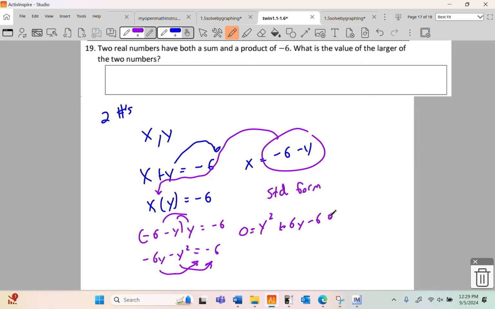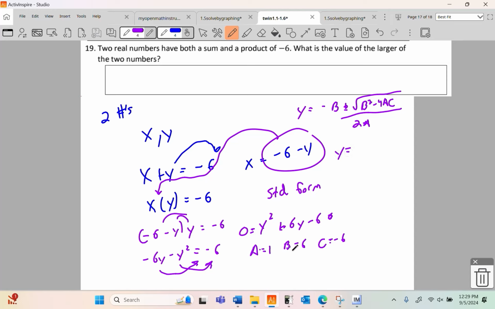but it does not. So normally we sing x equals, but this is going to be y equals negative b plus or minus square root b squared minus 4ac all over 2a. a is 1, b is 6, and c is negative 6. So we're just going to plug some stuff in here.